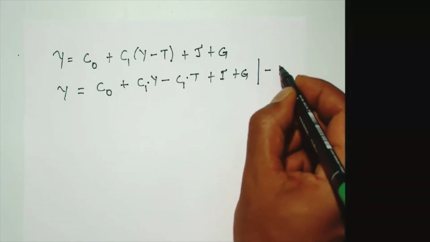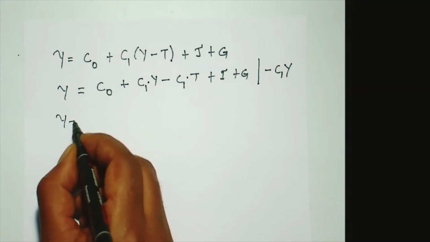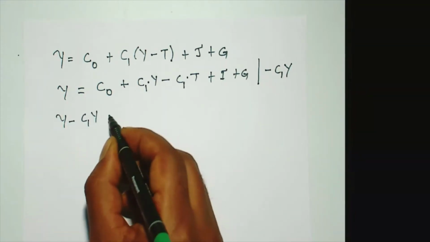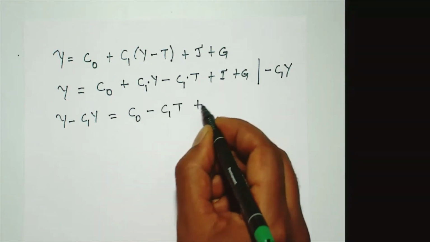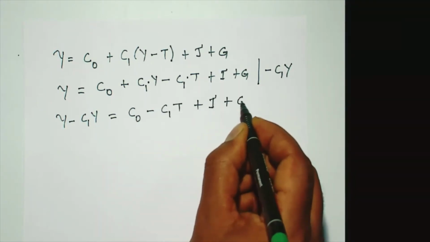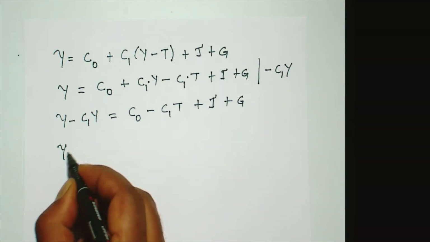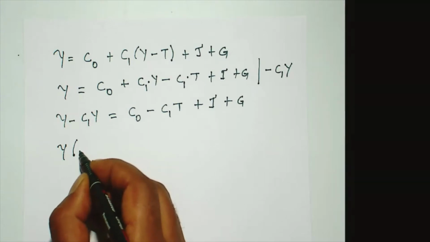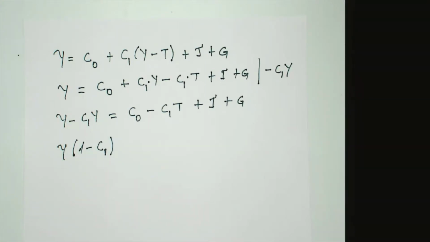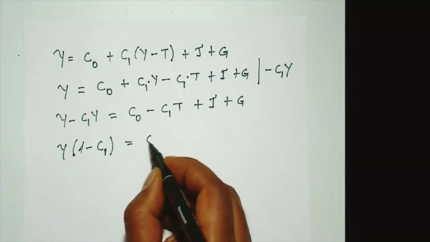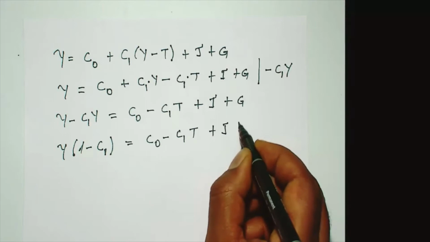Then we would subtract C1Y from both sides, which gives us Y - C1Y = C0 - C1T + I + G. Here again, I would take Y as a common factor, and I would have (1 - C1) in brackets, and my right-hand side remains the same.